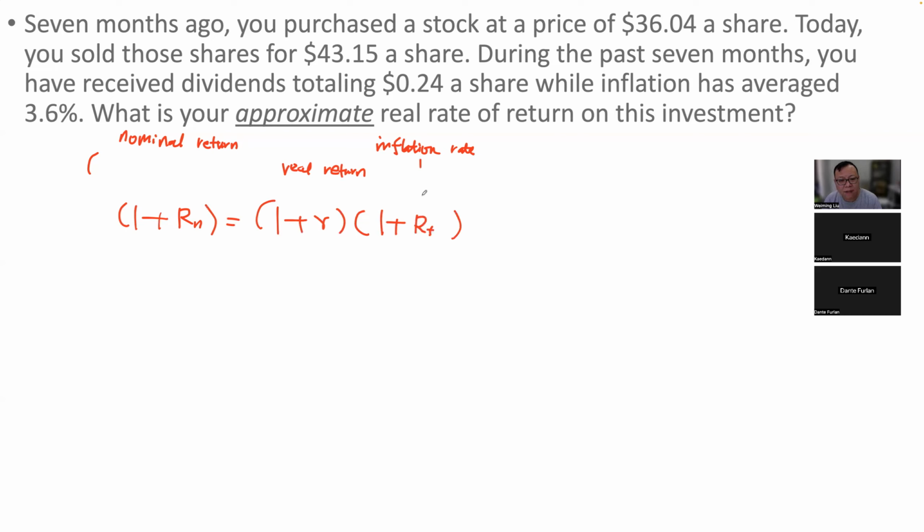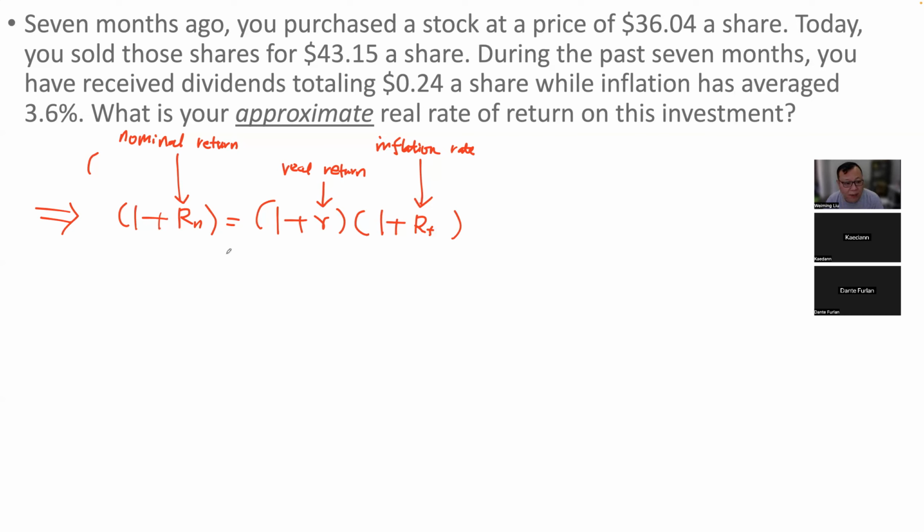So this RF is inflation, this lowercase r is real return, and this Rn is nominal return. So the formula is this. Have you learned this before? In the first finance course, do you remember this? Yes. Okay. Good.